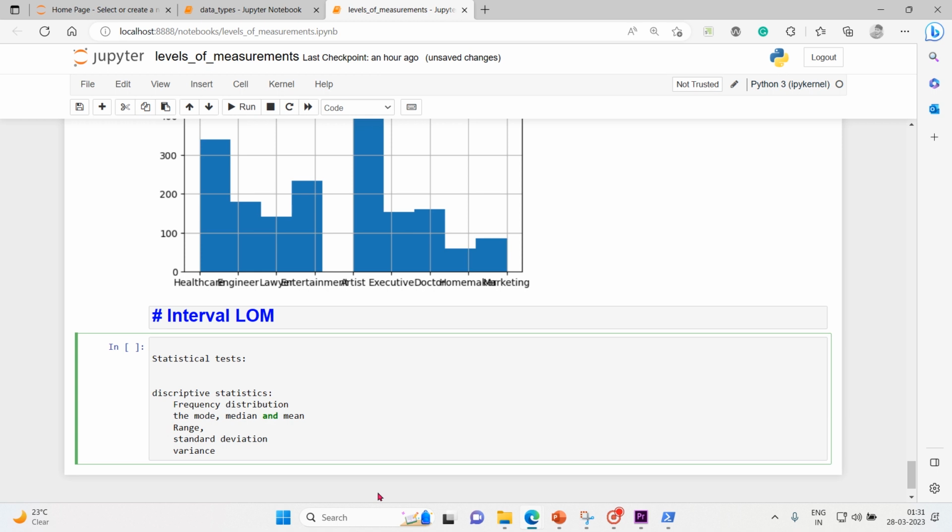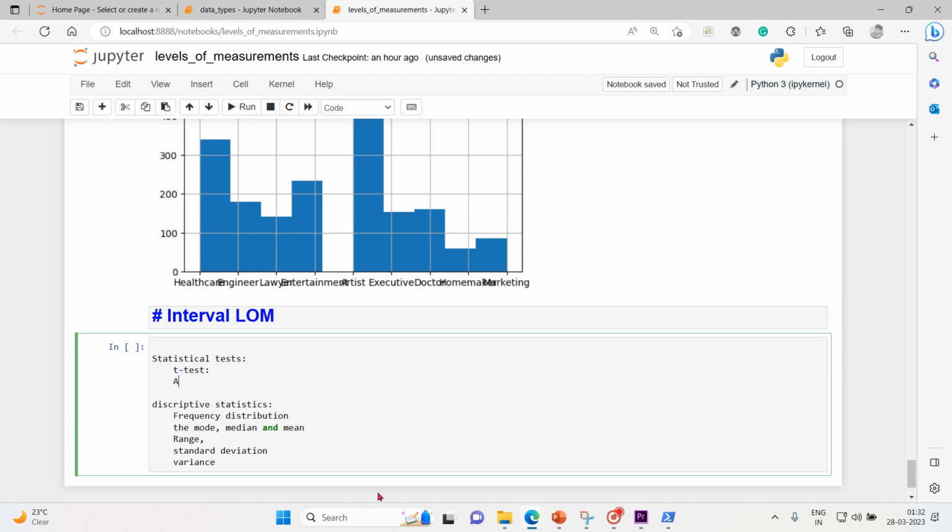The first one is the t-test. A t-test is used to compare the mean values of two data samples. For example, what is the difference in the average IQ score of 40 to 50 year olds living in London and Leeds? The second one we have is ANOVA.